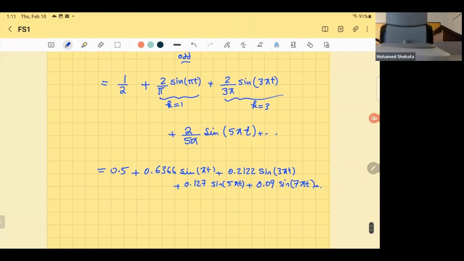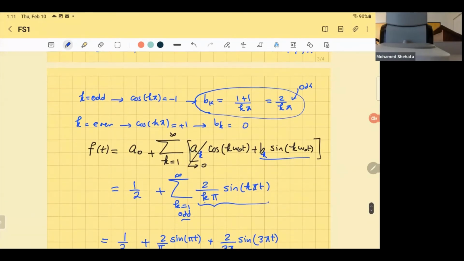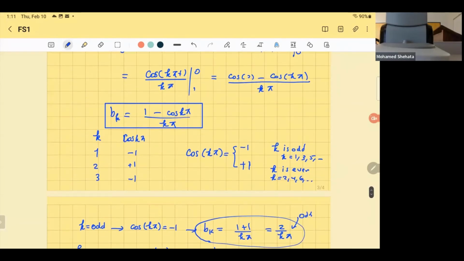Okay. Can you remind me why we counted by 1, 3, and 5? Because when we calculated bn in this equation, if you remember, we got 1 minus cosine k pi over k pi. So when you put k equal 1, what do you get? Cosine pi. What's cosine pi? Minus 1. And they have a negative in the front here.